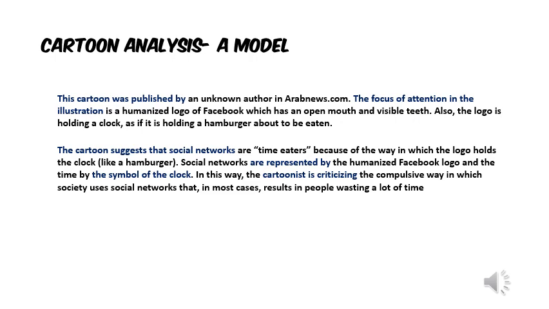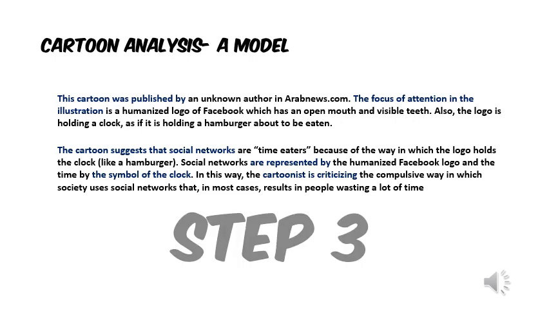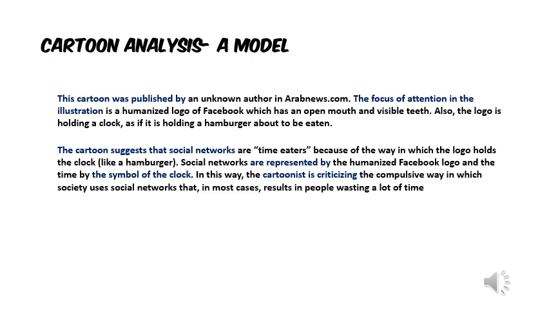And then we talk about the perspective of the cartoonist. In this way, the cartoonist is criticizing the compulsive way in which society uses social networks that, in most cases, results in people wasting a lot of time. This is step 2.